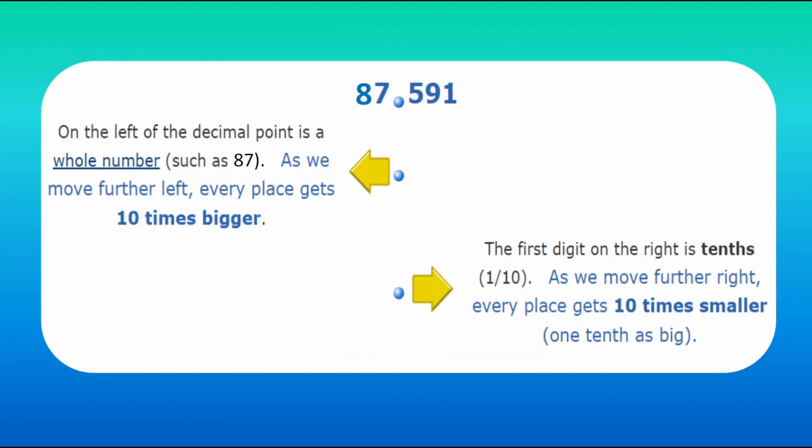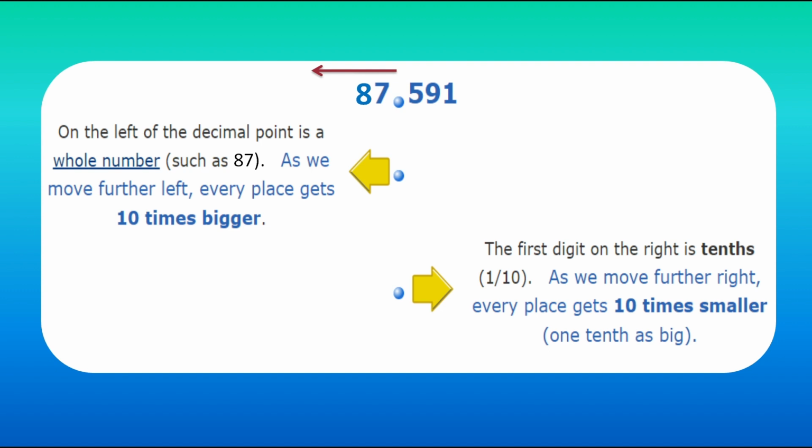Now you have to remember this. I am taking one more example, 87.591. You all know that as we move left of the decimal point, in the whole number part, the value of each place gets 10 times bigger.